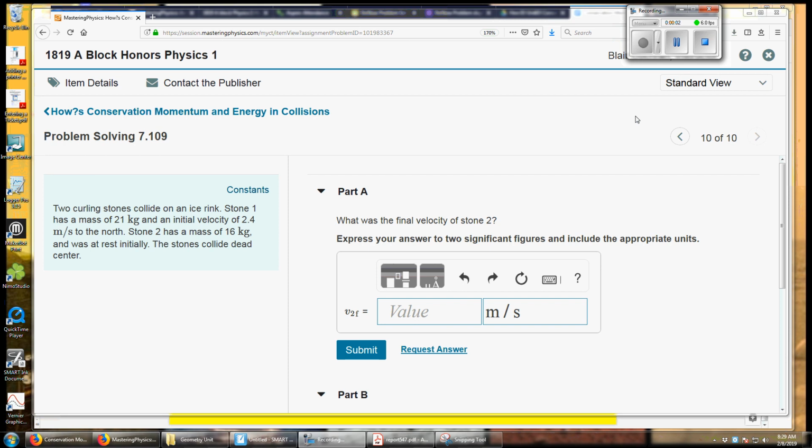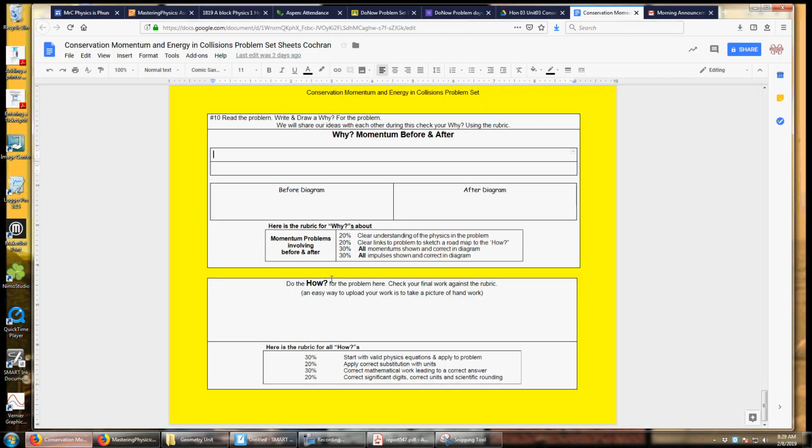All right, so starting with number 10 here, we've got the two curling stones hitting each other, and so I'm going to go with the idea that the stones have an elastic collision.